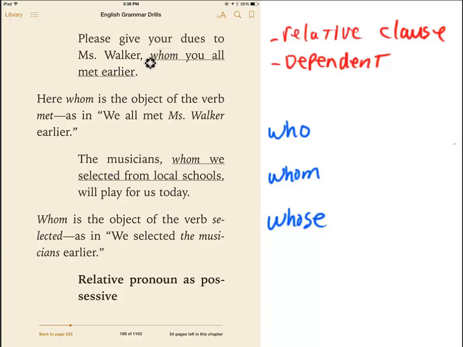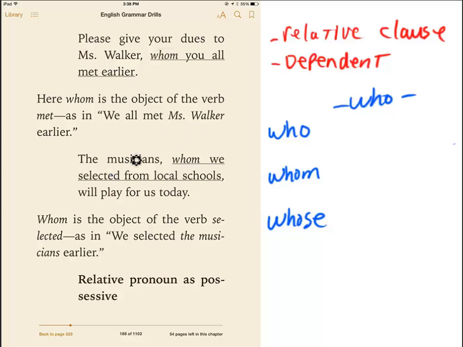The object always receives the action. The subject, if we use who, always does the action. Miss Walker didn't do anything. She was met earlier. So whom is the correct form. Here, whom is the object of the verb met, as in we all met Miss Walker.